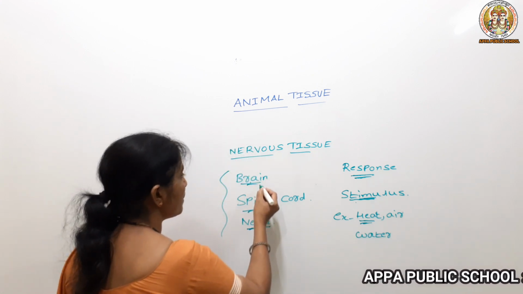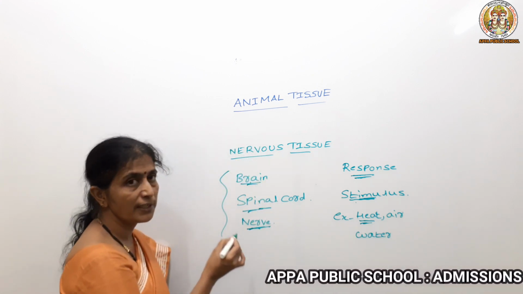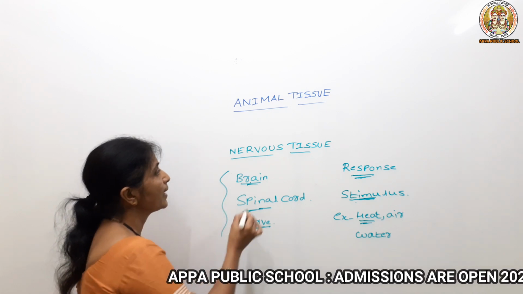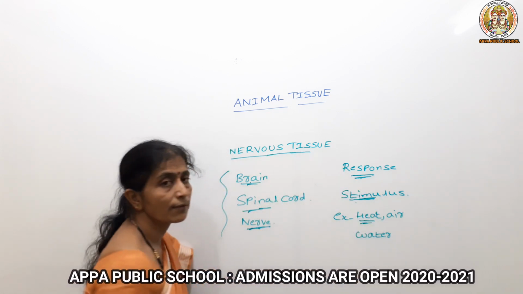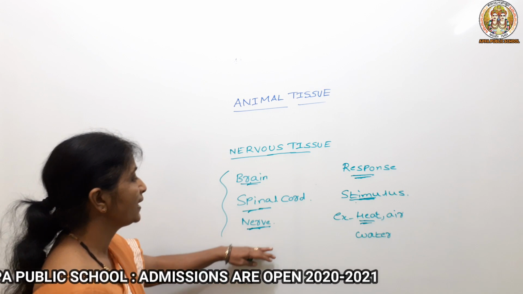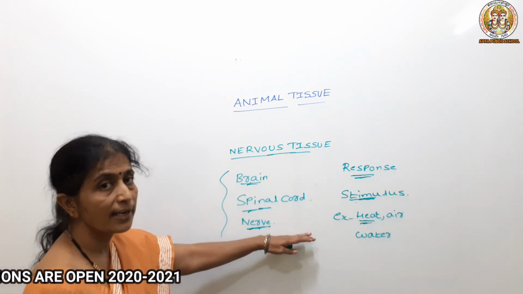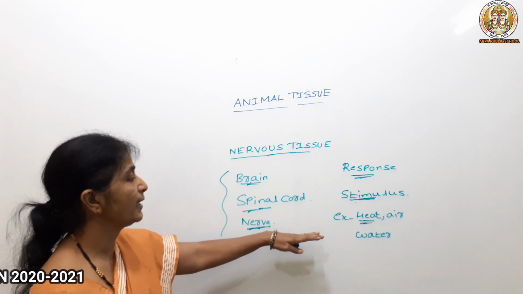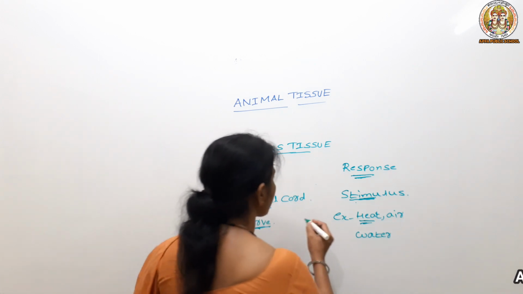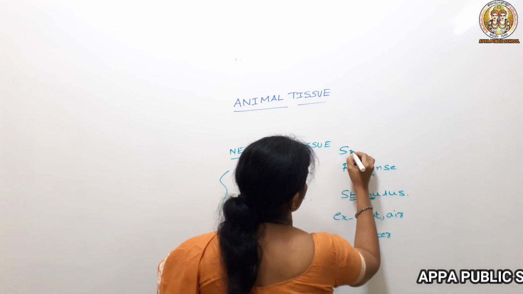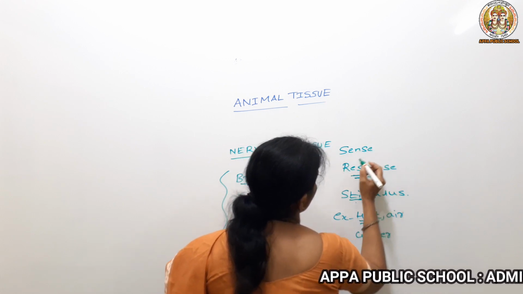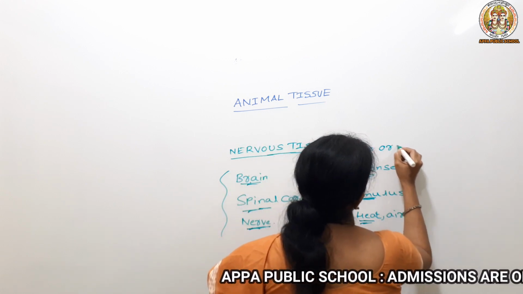So these are the main important organs considered as the main part of the nervous tissue. So what is a nerve or neuron? How many types of neurons are there and how does a neuron take the message from the sense organs?